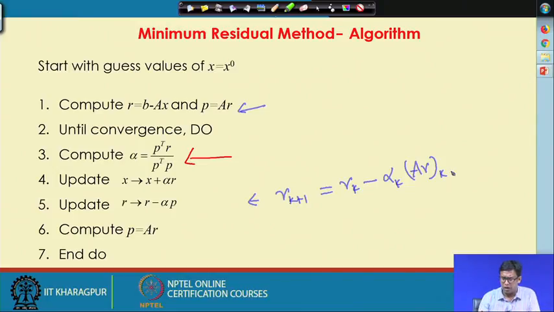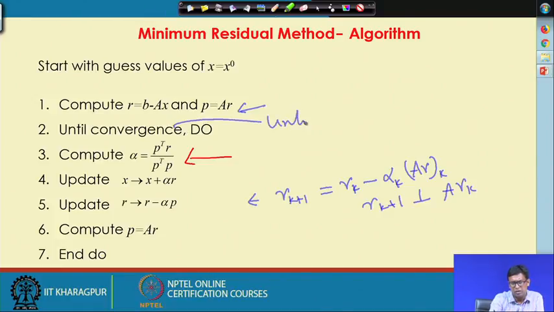R k plus 1 is perpendicular to A R k. If you take the dot product of R k plus 1 with A R k, with that particular value of alpha, it should come to be 0. So update this, compute p equal to A r, and then repeat the loop.